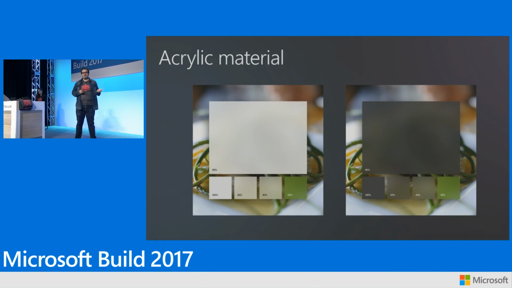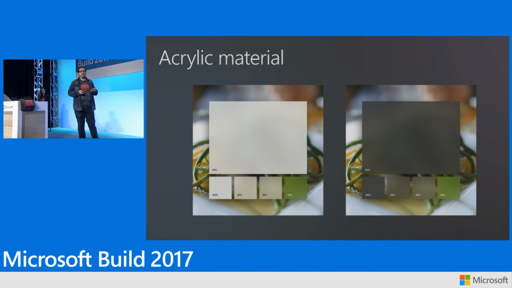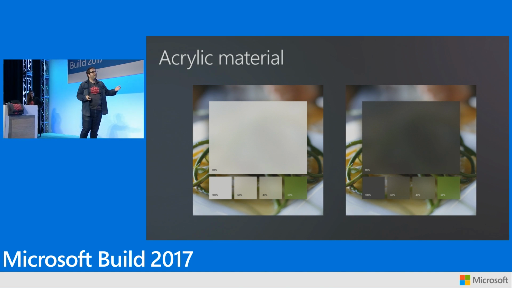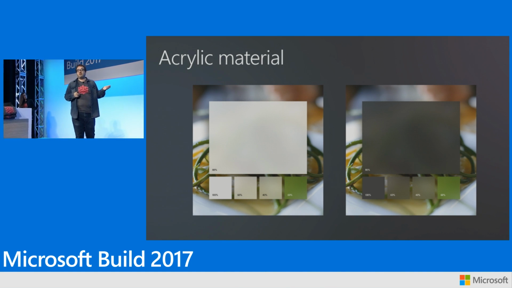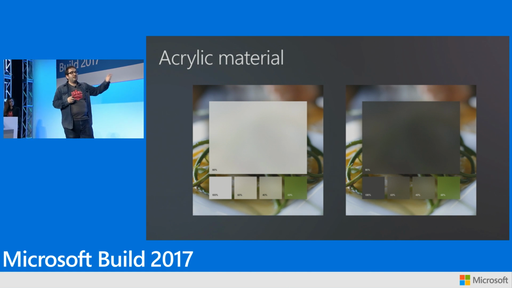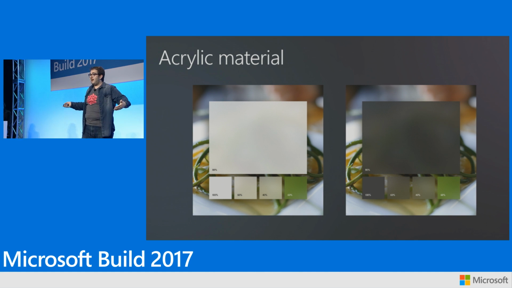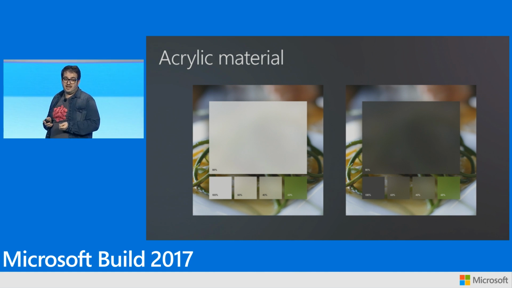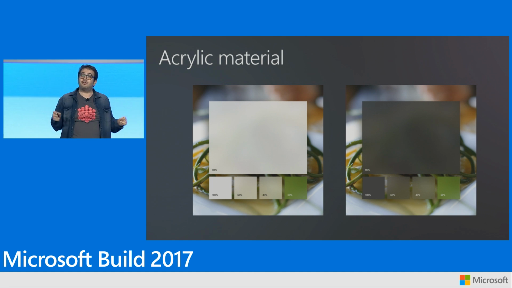And we're really excited about this. In this first wave, we're introducing what we call the first material, acrylic, that you can use. It's very simple and flexible. And it has a dark and a light manifestation, and supports a bunch of opacities and tints. And I want to be clear, it's not some special sauce where Microsoft is just using this for our window borders or something like that.